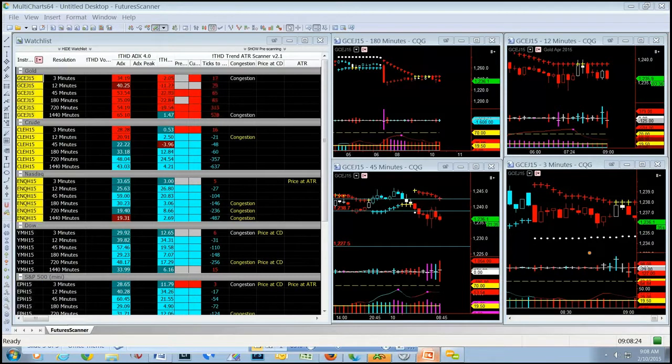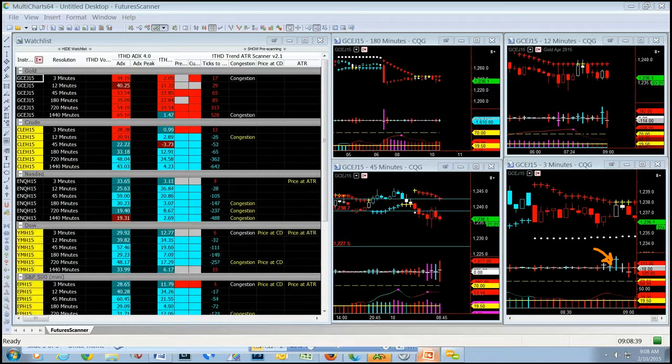But if you do not know what colors these bars, you're not going to understand the indicator. Okay? And that's the reason you're not reading volume correctly.